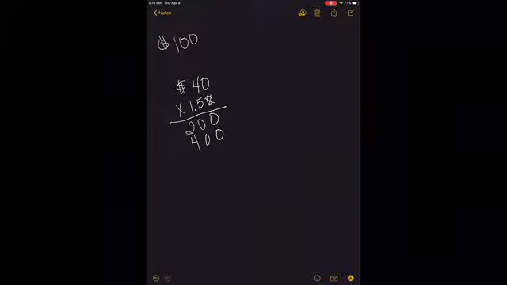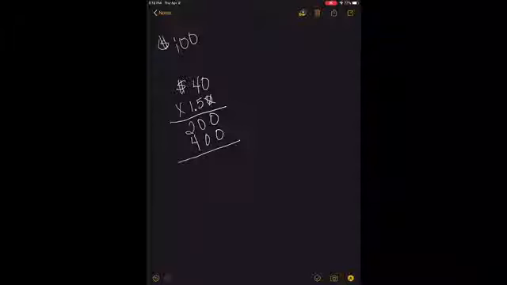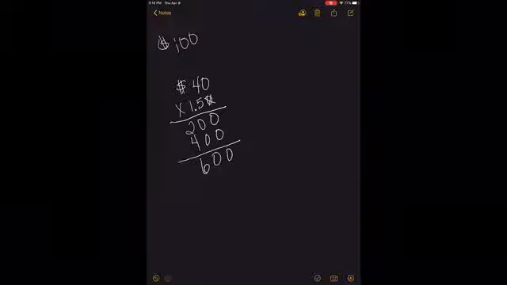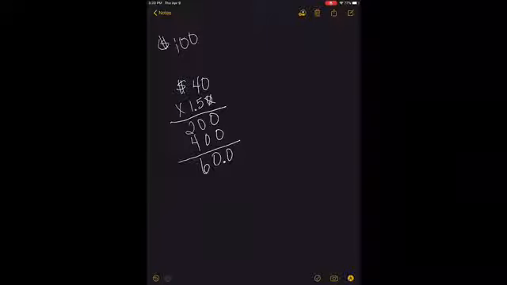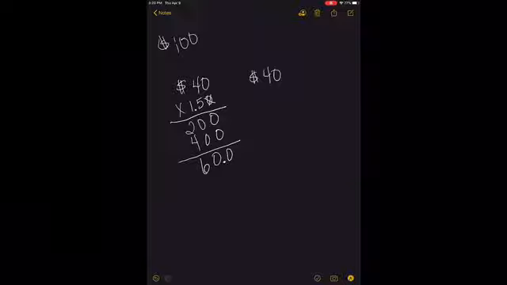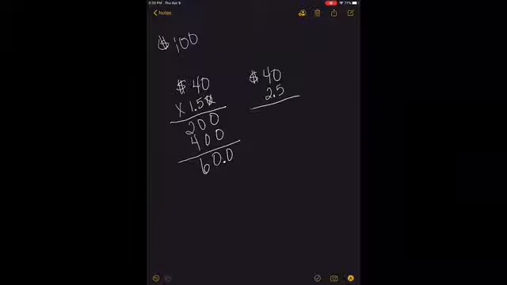Put a placeholder 0 in, and 40. So that's a $60 increase. That doesn't include the actual cost of it. If we wanted to include that cost, we would have had to multiply by 2.5.